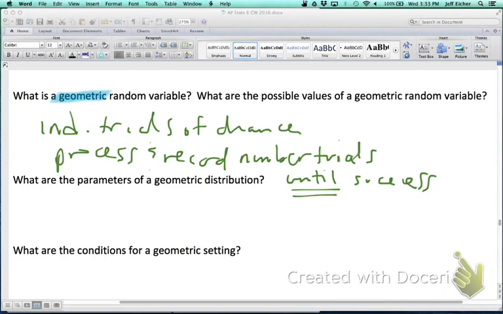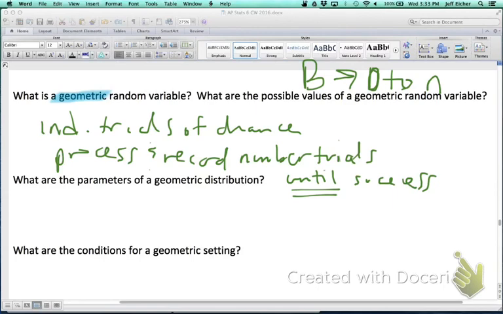What are possible values of a geometric random variable? For a binomial random variable, we could have 0 to n, 0 successes to n successes. But with a geometric random variable, we can't have 0.